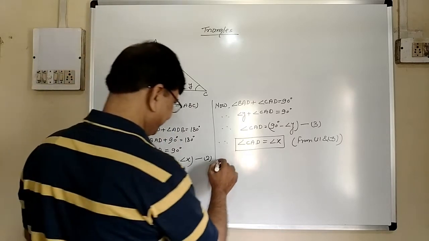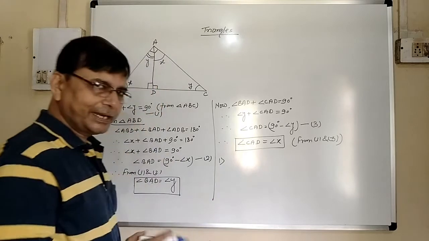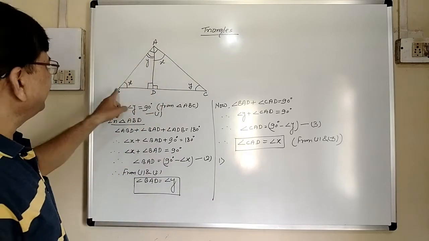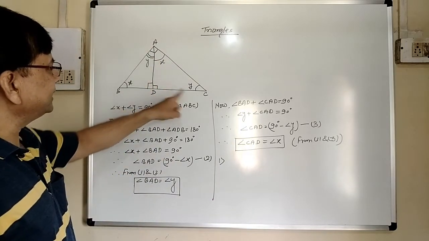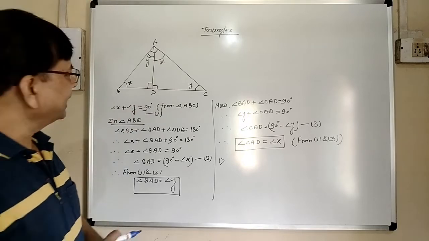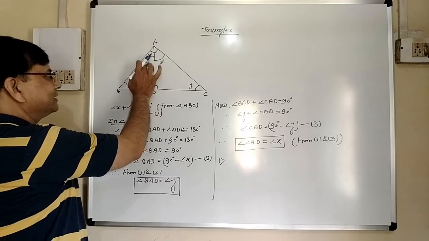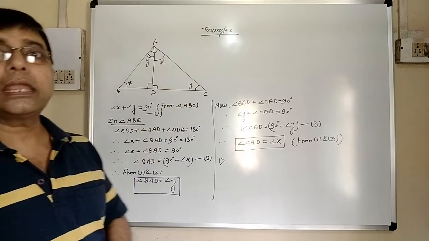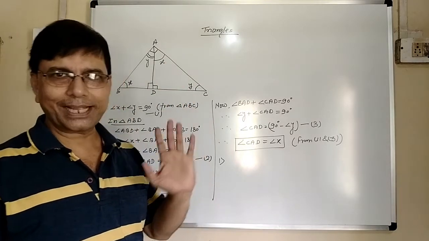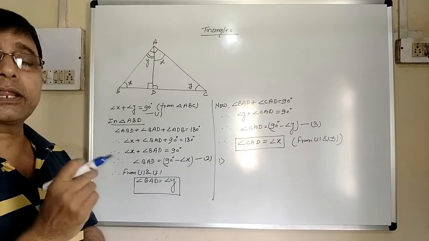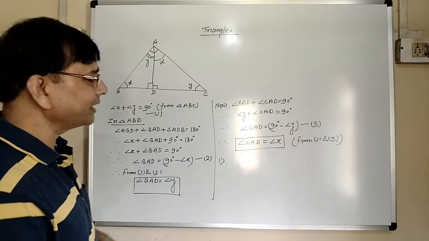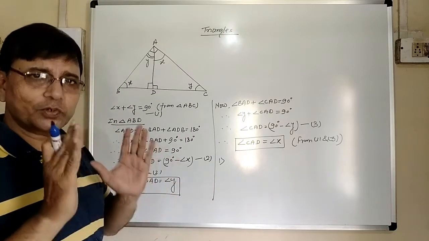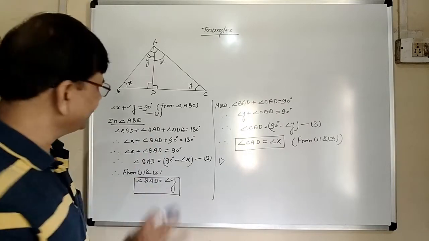First we will take the similarity of ABD and ACD. Now you see, two angles of this triangle and two angles of the other triangle are equal. So these two triangles will be similar by the AA criteria of similarity of two triangles. This I have already taught to you.